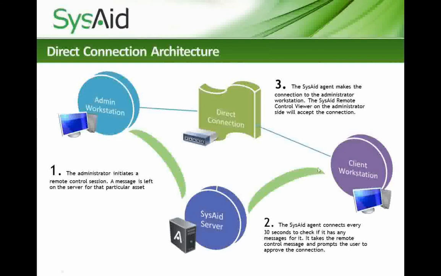Remember, the agent in the workstation checks the server every 30 seconds by default. So after 30 seconds, it sees the small note that the admin left, and it says, okay, let's connect between us. The connection is done automatically, directly from the admin to the client, and then the admin can solve the problem and have full control, which is great. But we improved it.